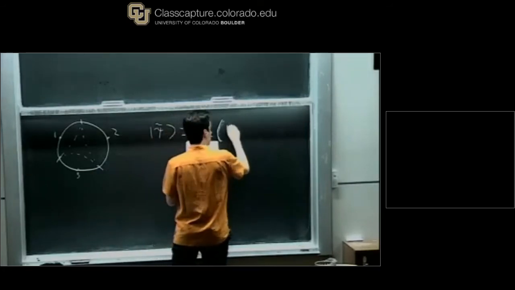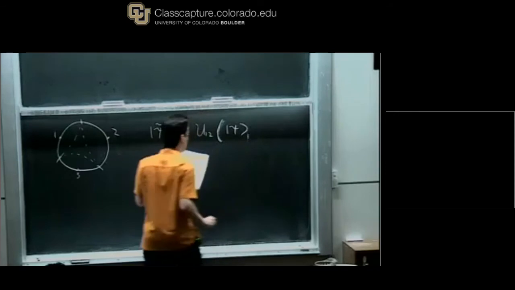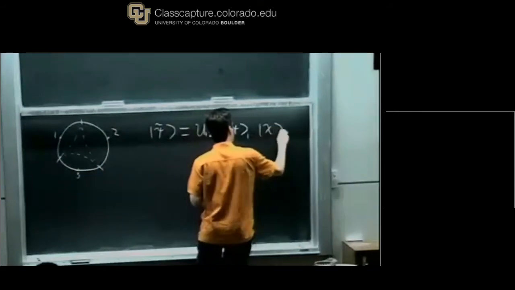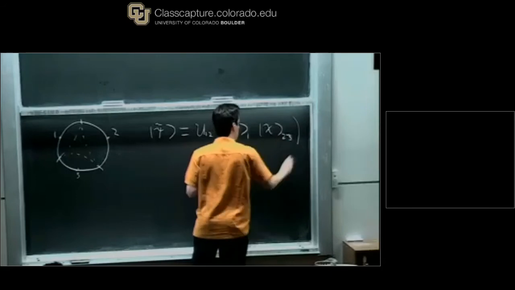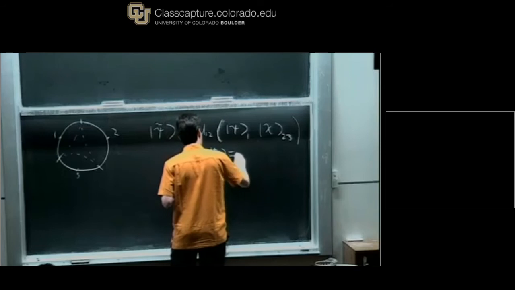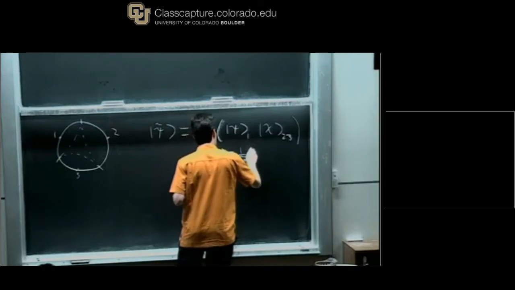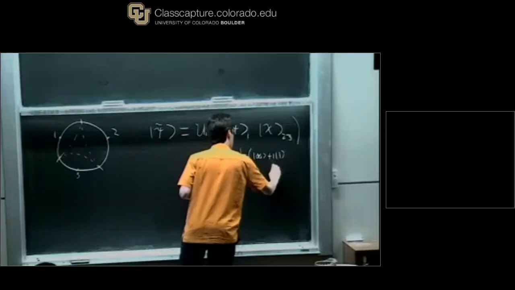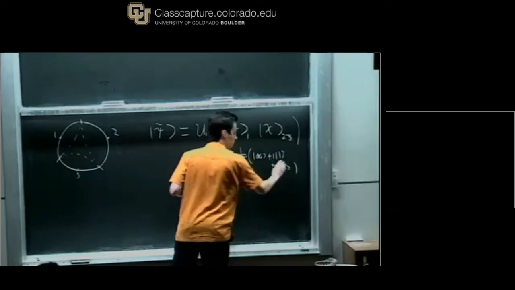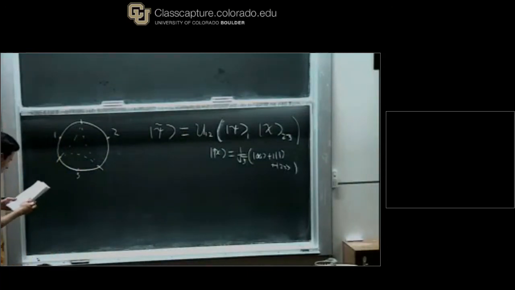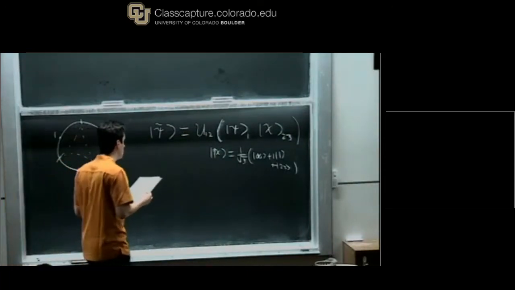Then we had the unencoded state psi on the first qutrit, and the state chi on the second and third qutrits, where, as you probably remember, chi was a maximally entangled state.